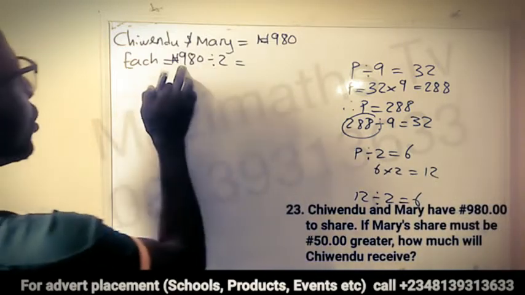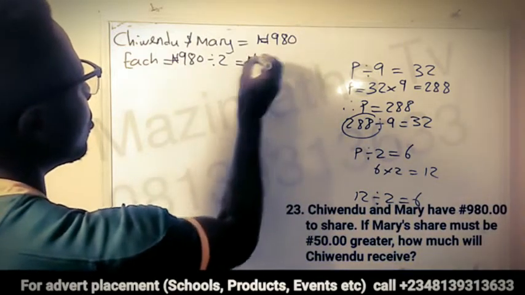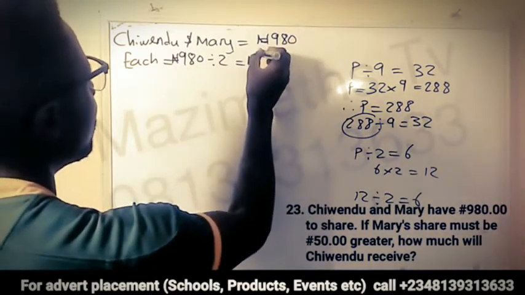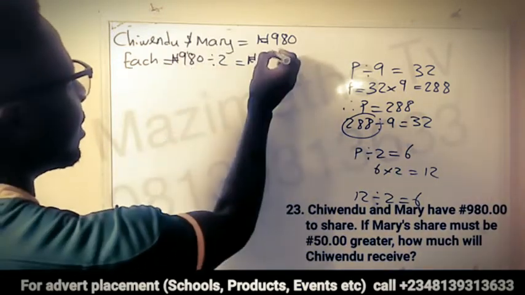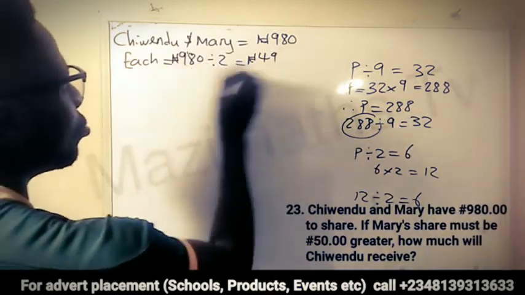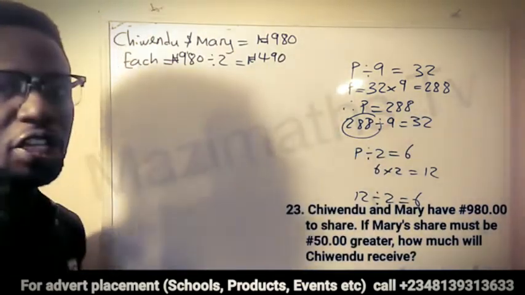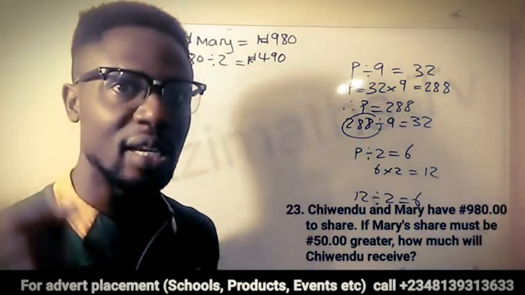Okay, now 2 in 9, that is 4. 2 times 4 is 8, I put that one, that will give me 18. 2 in 18 is 9, and then 0 divided by 2, so you put 0 here. So which means each of them will receive 490 naira.